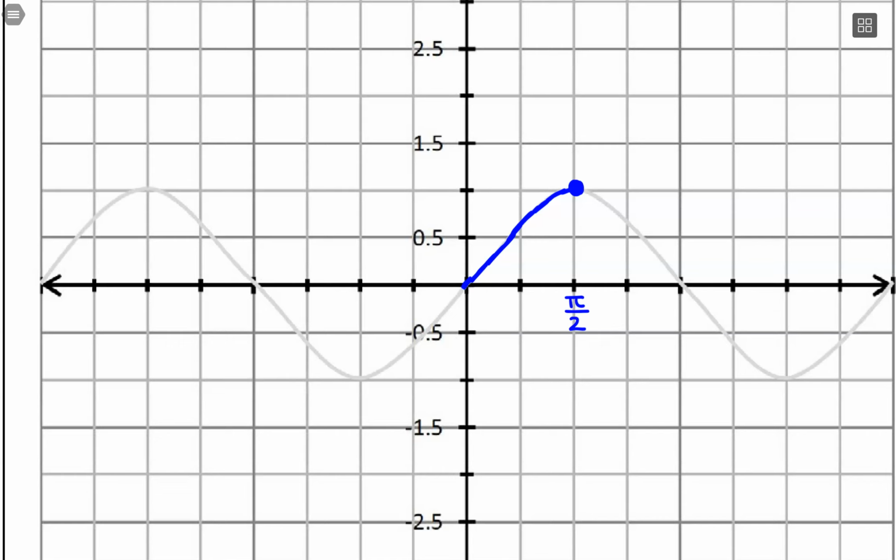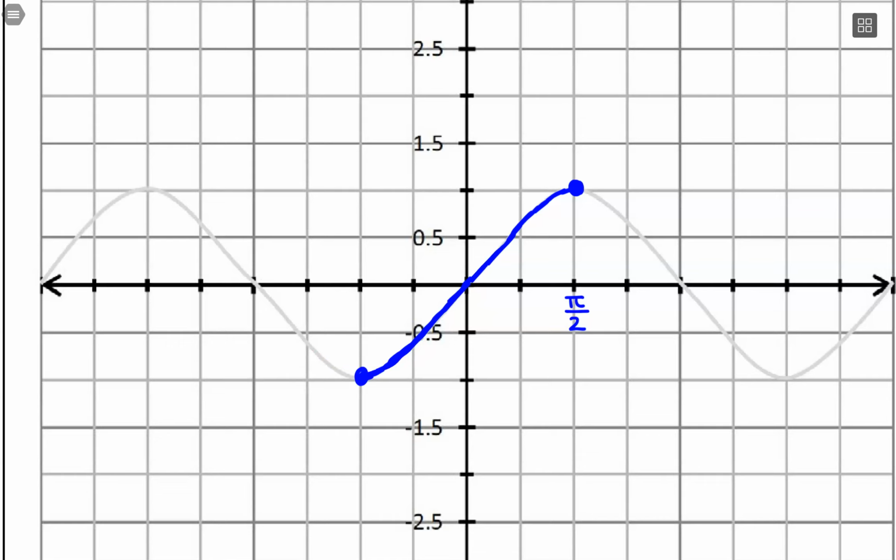Now I can include more of the graph if I had gone to the left. These have unique y values. I would be passing the horizontal line test here, here, here, here, here, until I reach that curve. I don't want to turn that curve because if I drew over here, then I would start failing that horizontal line test. So I want to end right there.